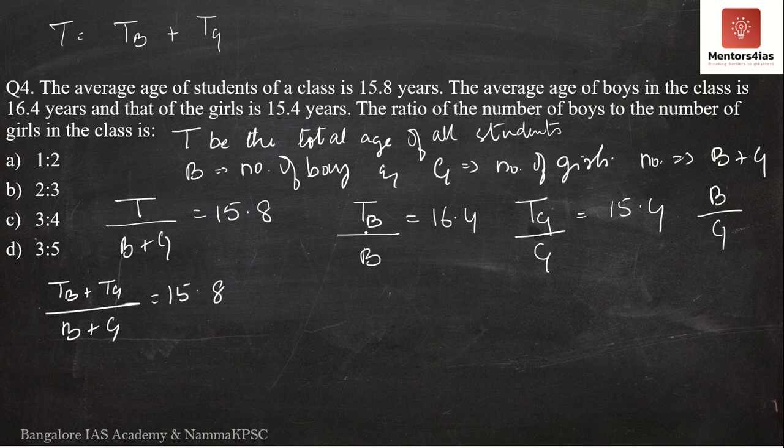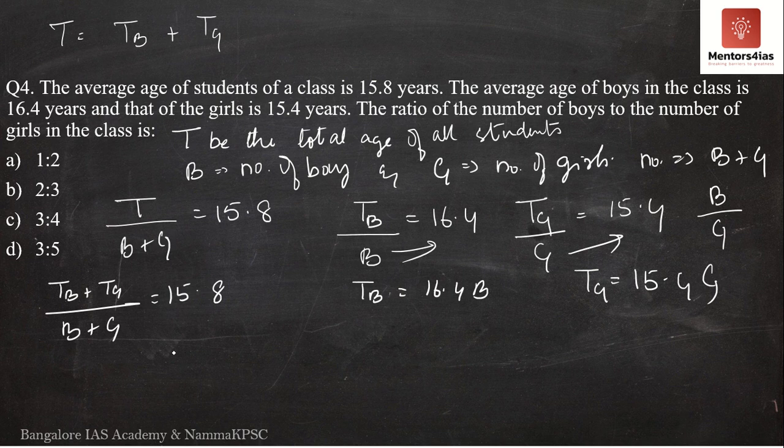I will substitute TB as 16.4B. I'm going to take B to the right hand side, and I'm going to substitute TG as 15.4G. I'm going to take G to the right hand side. So now substituting TB and TG over here, what do we get?